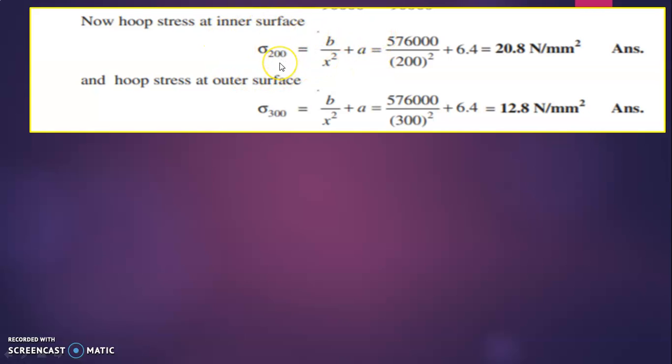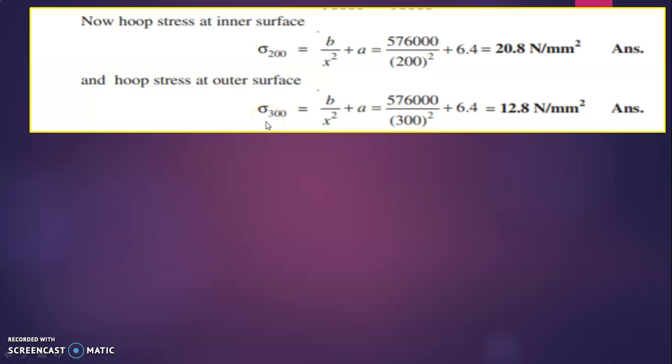Inner surface radius is 200. So B divided by the inner surface radius, that is 200 square, plus A. A is 6.4, B you also know, you will get the circumferential stress or hoop stress at the inner surface as 20.8 Newton per millimeter square. Similarly, calculate at the outer surface, that is for the radius 300.